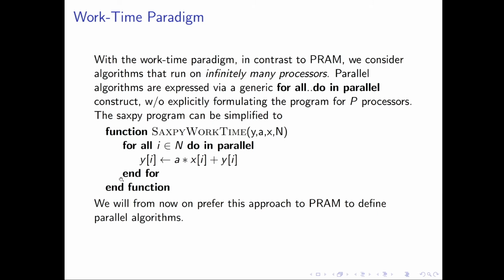Note that the same assumptions about memory accesses, about EREW, CREW, and so forth, still remain valid for this machine model. So we still have to take care of this, and all the other assumptions that we were making for the PRAM machine model still stay valid. Only the way that we describe the algorithm in terms of the resource usage, like how many processors are used, is now different. And we will from now on prefer this formulation to the PRAM formulation.